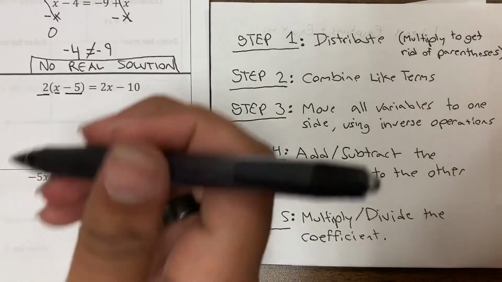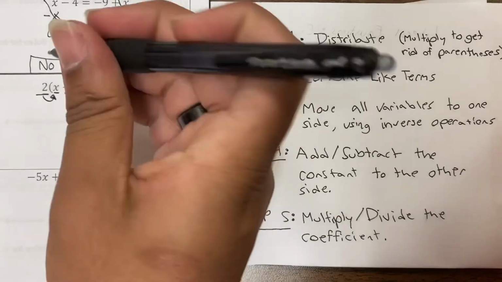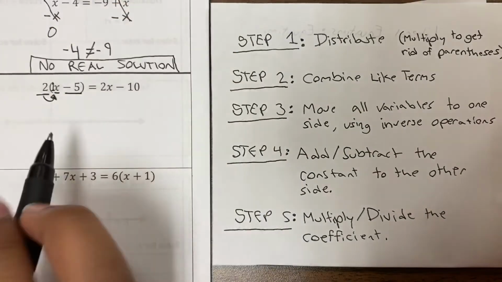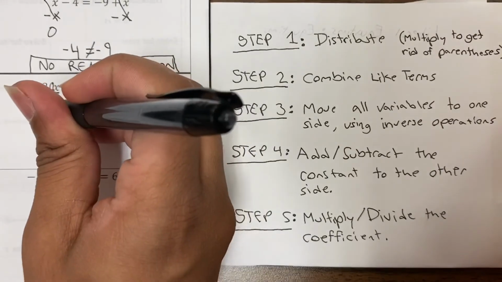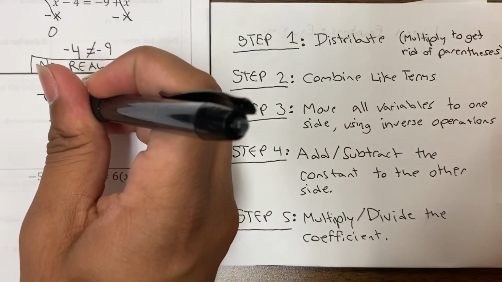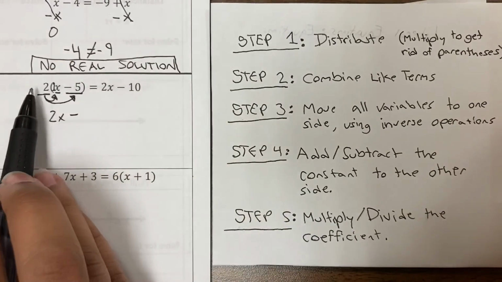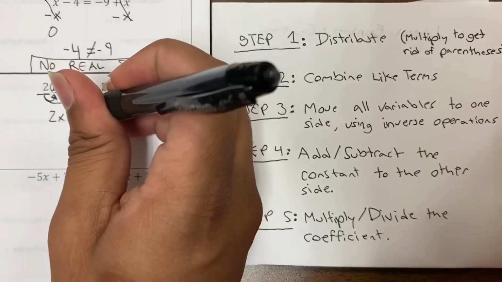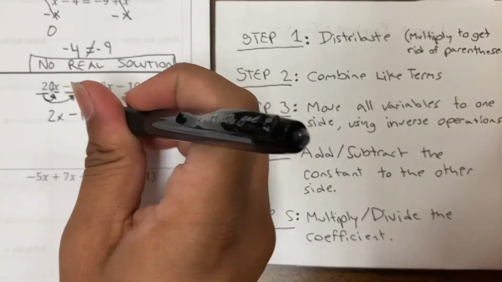So 2 times x, real easy, I know there's an invisible 1 here. So there's only one x right here. So 2 times 1x would give me 2x, and 2 times negative 5, a positive times a negative is going to be a negative. 2 times negative 5 gives me negative 10. And then I'm just going to bring the rest down.